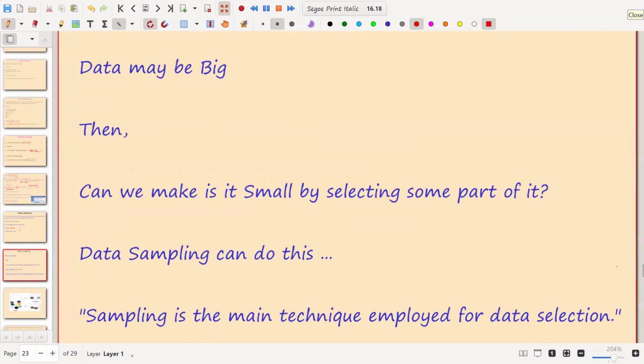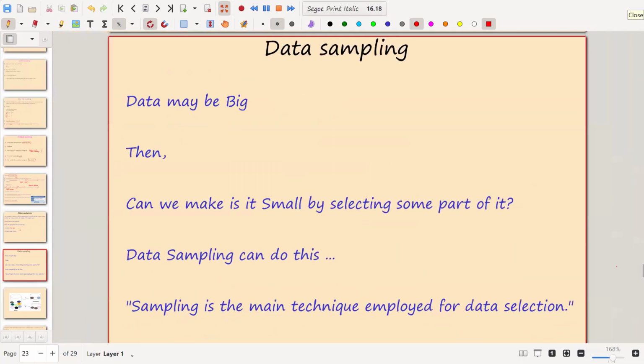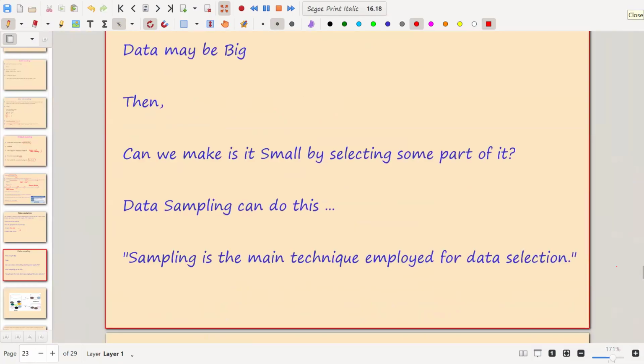Data sampling. Data can be big. Then the question is, can we make it small by selecting some part of it? Data sampling is the technique to do that. Sampling is the main technique employed for data selection, I mean, which important data features to select so that it represents the original data, right?